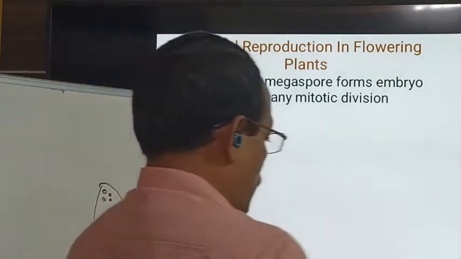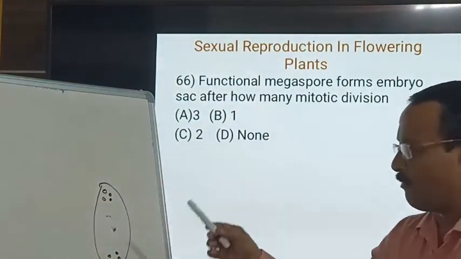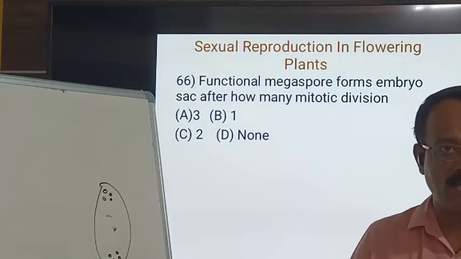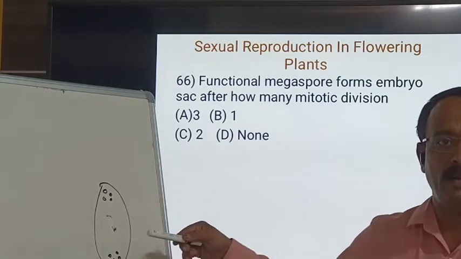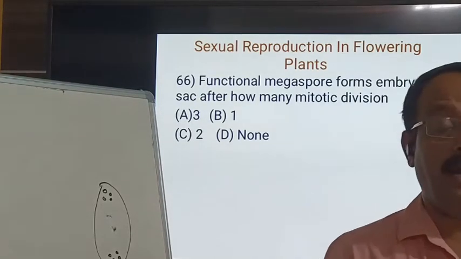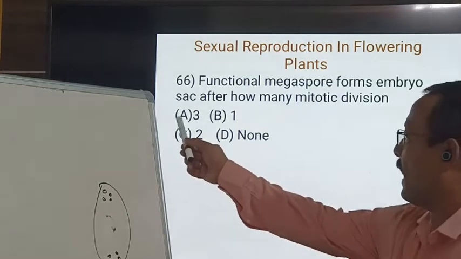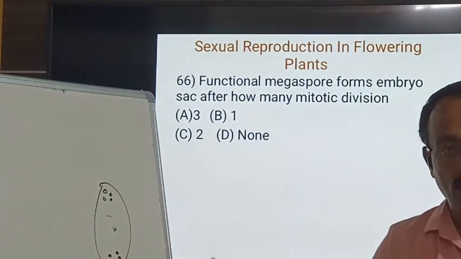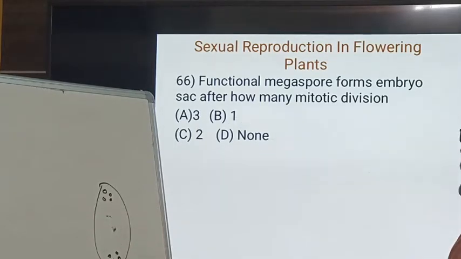So how many divisions took place? First results in 2 nuclei, the second mitotic division results in 4 nuclei, and the third one in 8 nuclei, because the embryo sac contains 8 nuclei. So the answer is A. So 3 mitotic divisions produce the embryo sac.